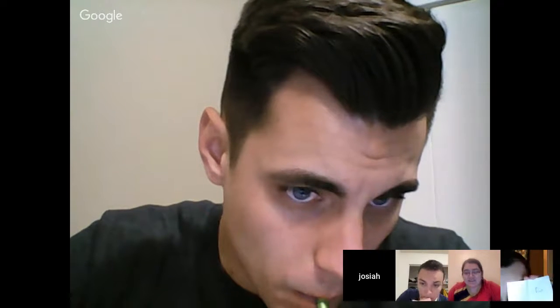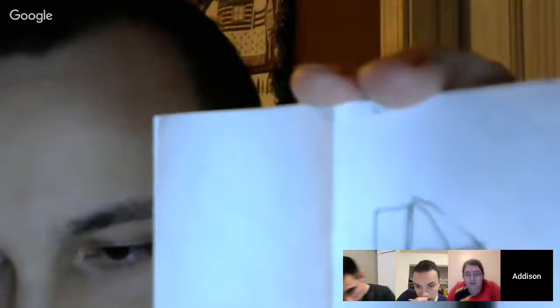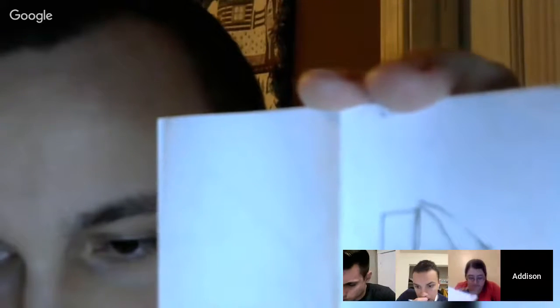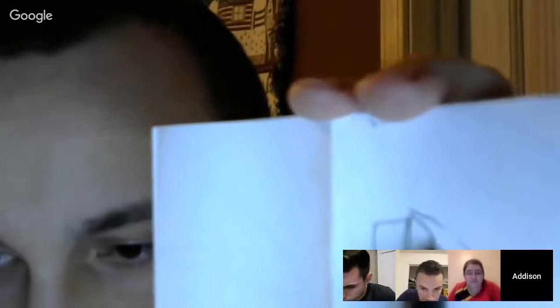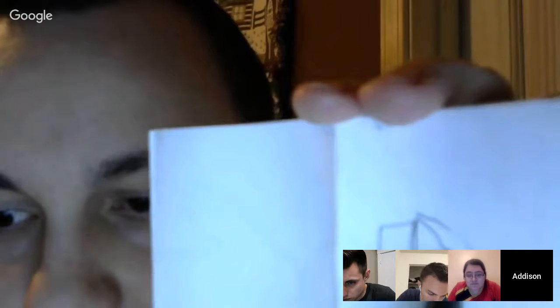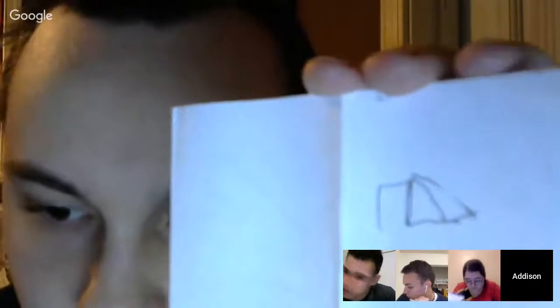So I used the side angle side thing. So right here we know, or angle side, I mean, no, side angle side. I used this angle and then 75 and then that angle. So I figured out the length of this side here for this shadow coming down. And then I used angle side. What length did you get for that middle one?